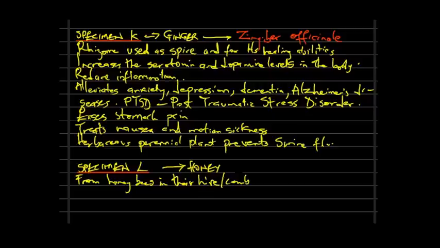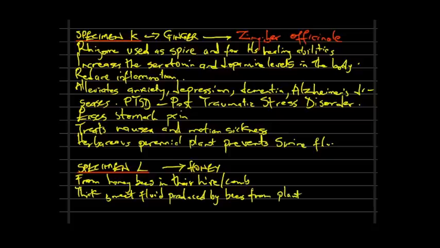Honey is a thick, sweet fluid that is produced by bees from plant nectars. That is where they get it from.